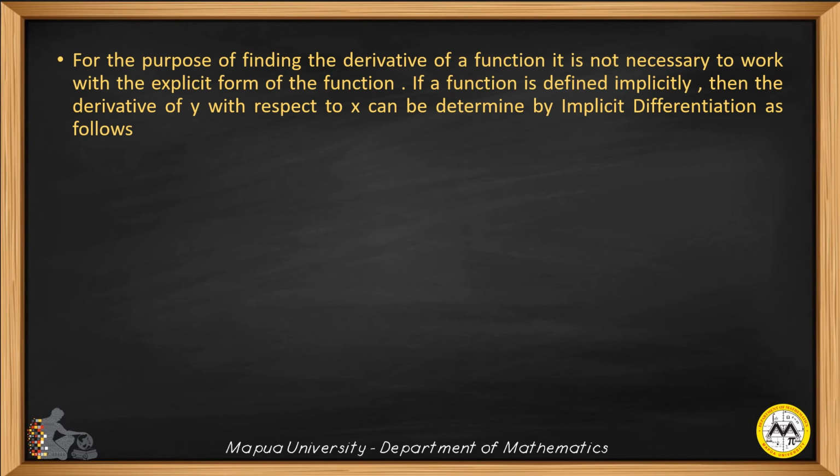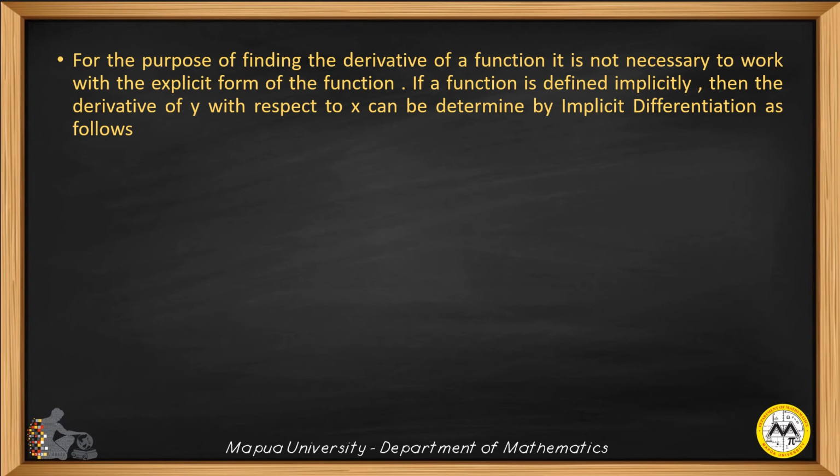For the purpose of finding the derivative of a function, we may work with the implicit form of the function, capital F of x, y equal to 0, or the explicit form of the function, y equal to f function of x.